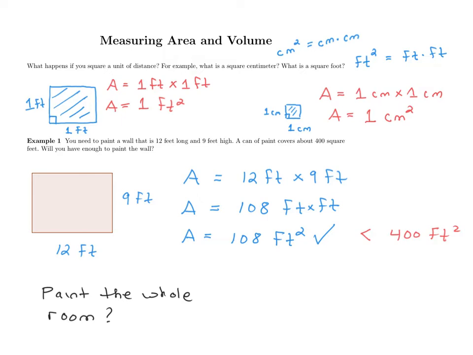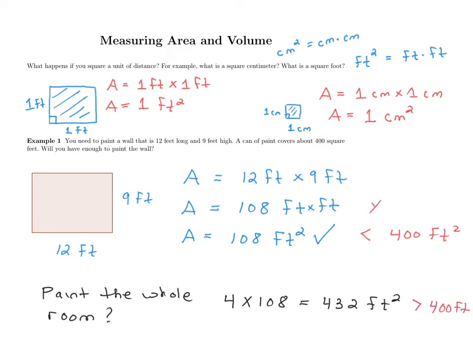I don't think so. If you do 4 times 108, that is 432, and the units are square feet. You basically add this thing to itself 4 times. So now we have a number that's greater than 400 square feet.